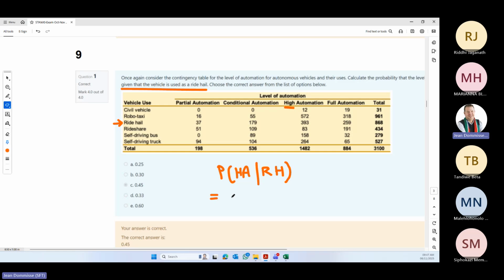Okay, probability, high automation, probability. Remember the given one, we look at the probability of high automation and the right tail, divided by the probability of the last.